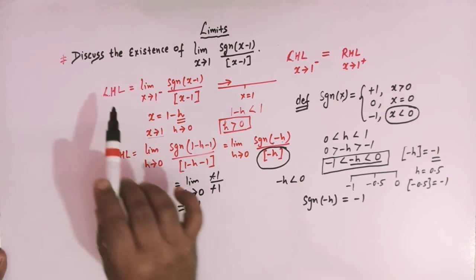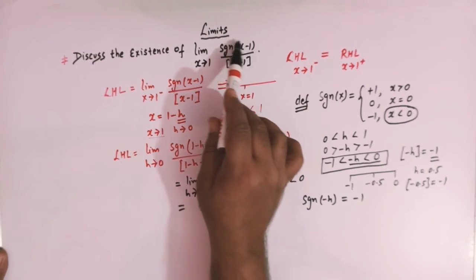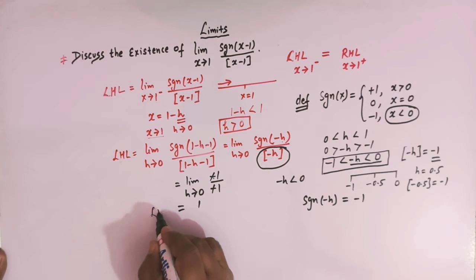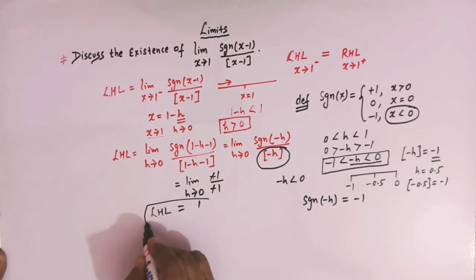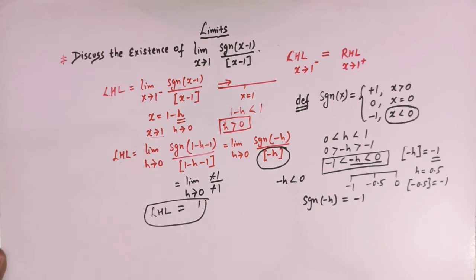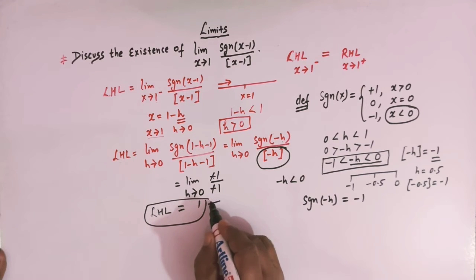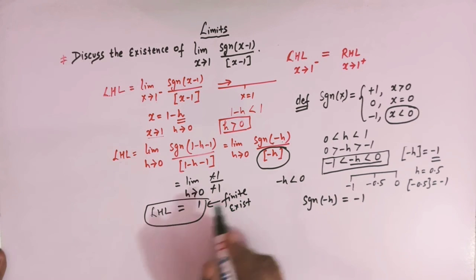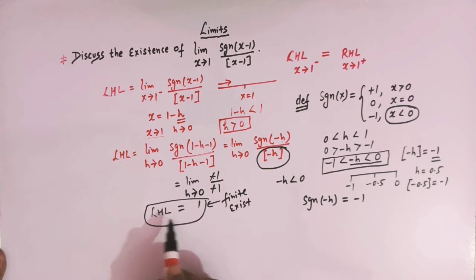So the left hand limit of this function when x tends to 1 is equal to 1, and we see that this limit is finite. And we can say that the left hand limit exists in this case.